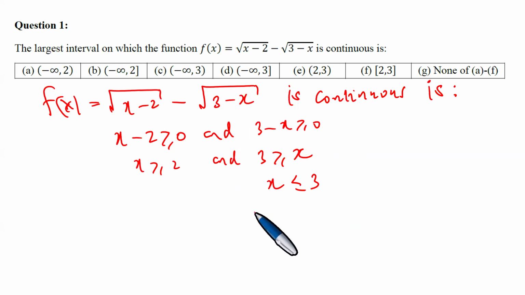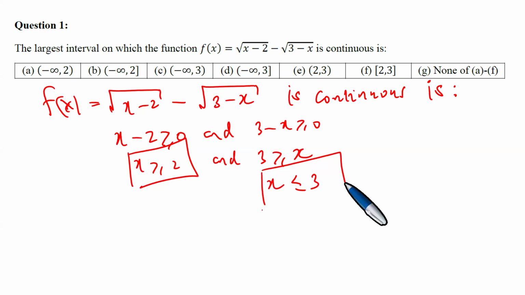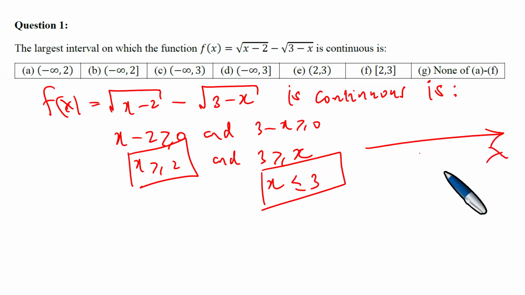As a consequence, if you graph this on the real line, you'd have 2 to 3: x greater or equal to 2 and less or equal to 3.